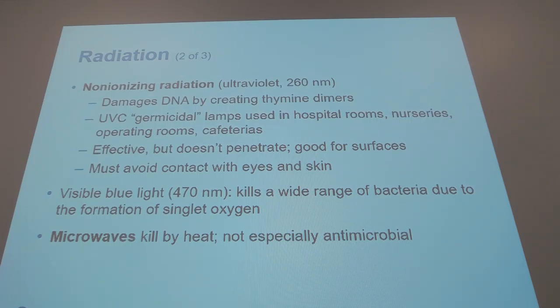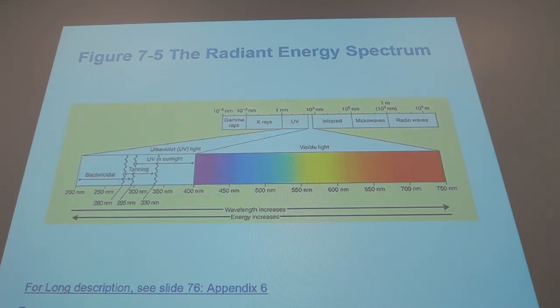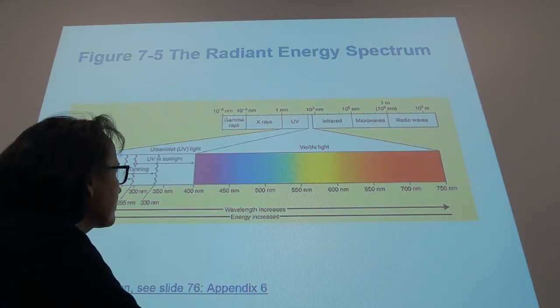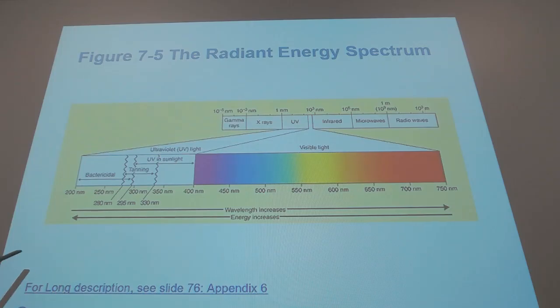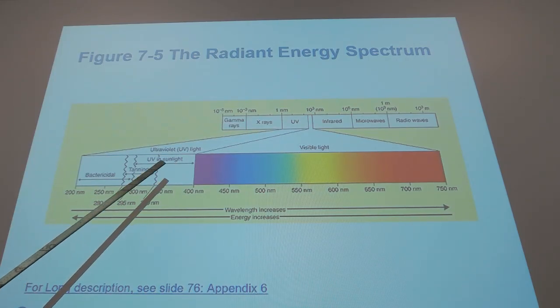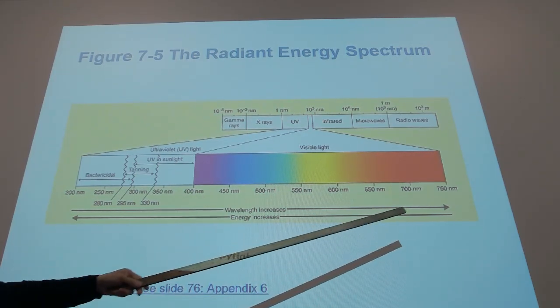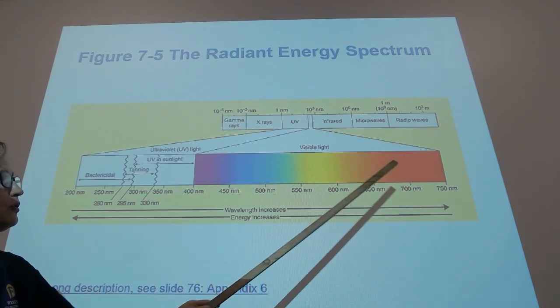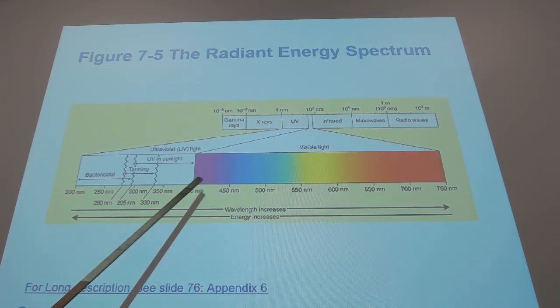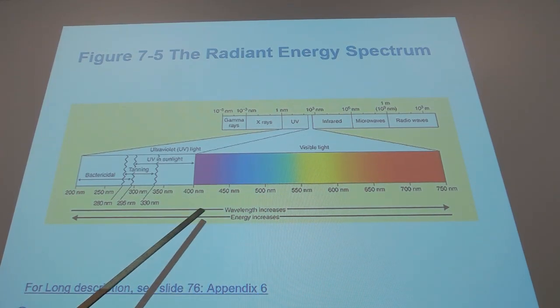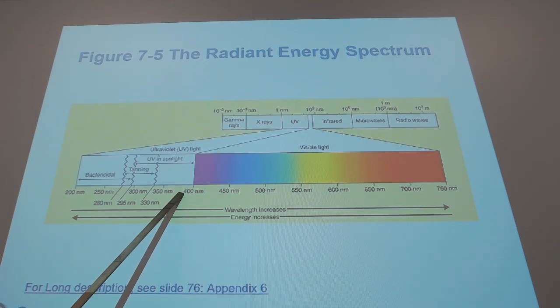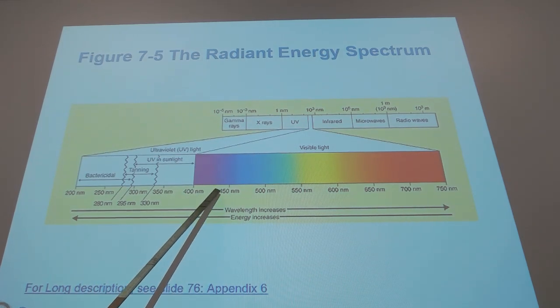So now, this is the actual graph showing you the spectrum of light that we have. We have visible light between 400 nanometers and 750, going from shorter to longer wavelength, so the waves in here are close to each other.